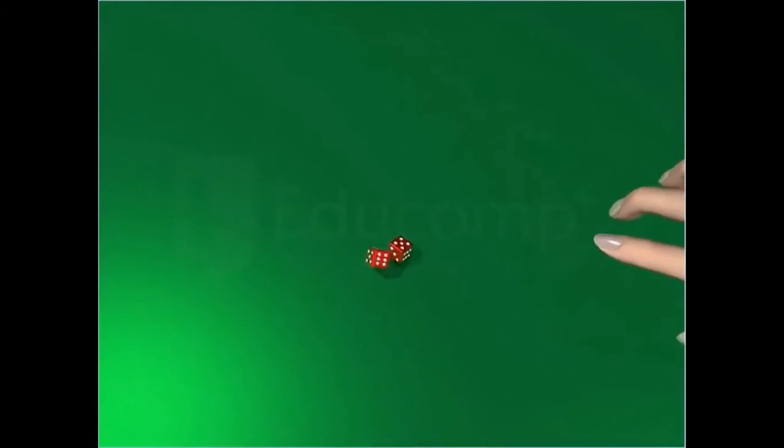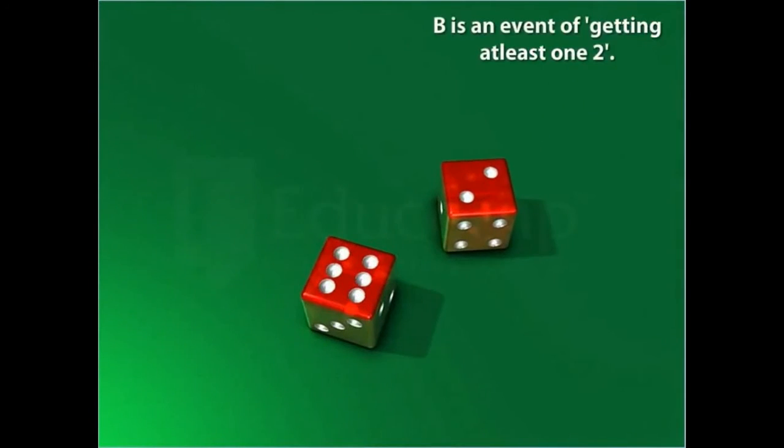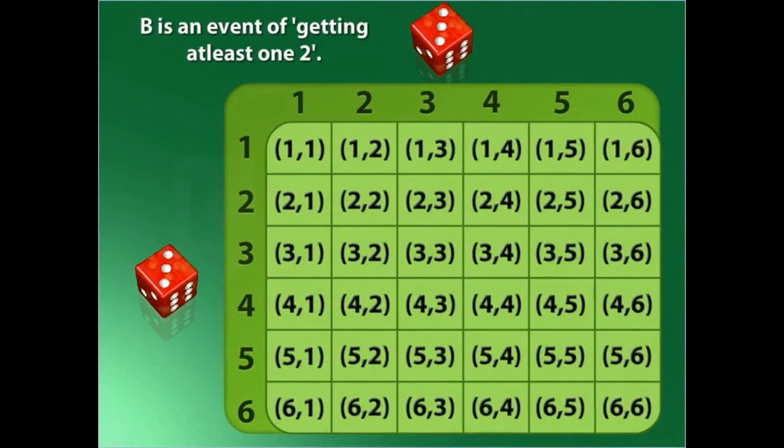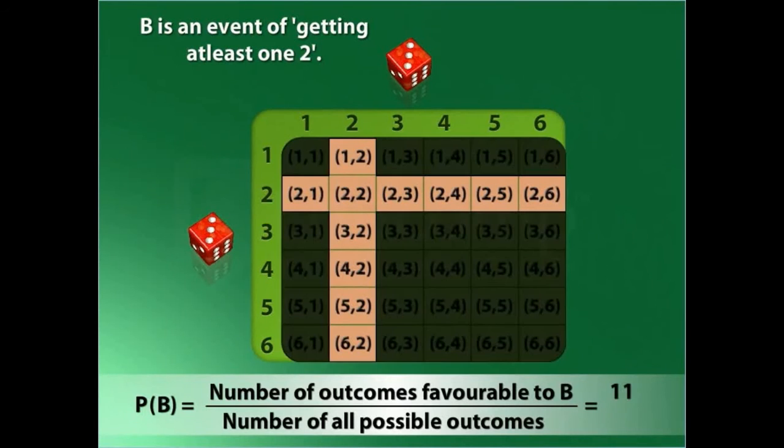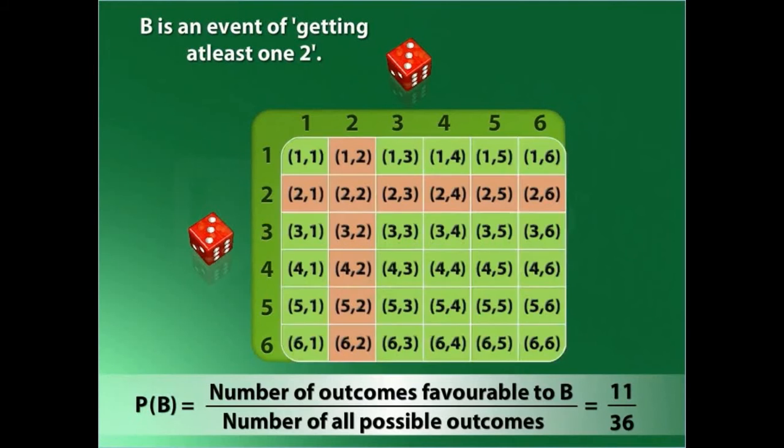Now, consider an event B of getting at least 1 2 on a dice. Again, there are total 11 outcomes favorable to event B. Thus, the probability of event B is 11 upon 36.